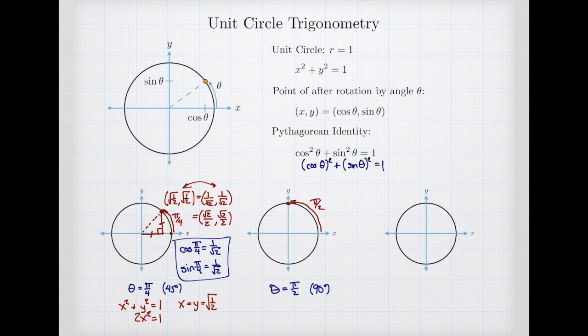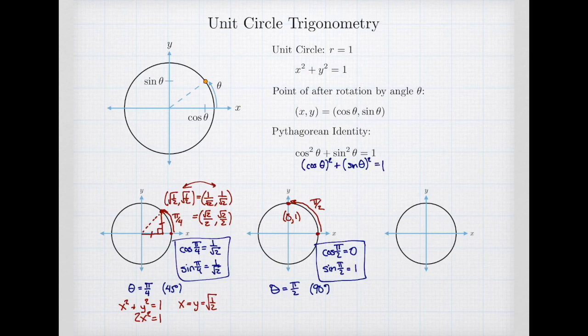Now you can see that by traveling this far, I've moved from being on the x-axis, now my point is on the y-axis, and so I'm at the point 0, 1. I don't have to do anything special. The x-coordinate is my cosine, so cosine of pi over 2 is 0, and the sine of pi over 2 gives me my y-coordinate, that's 1.